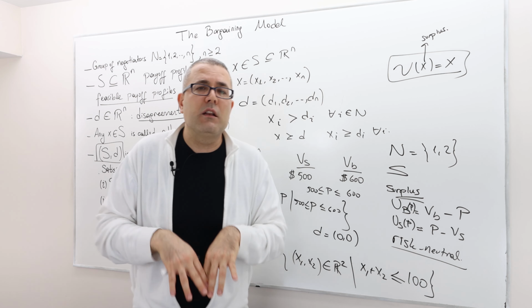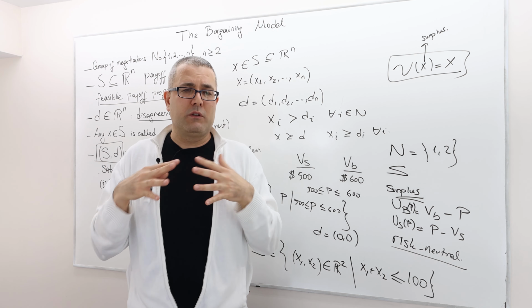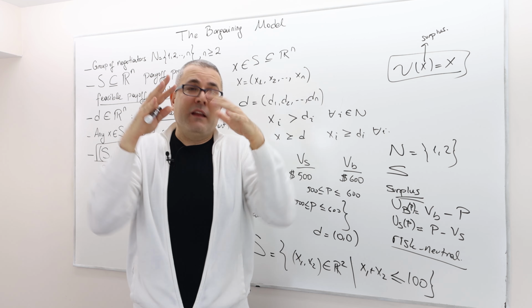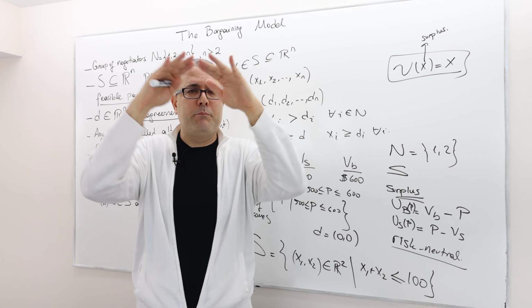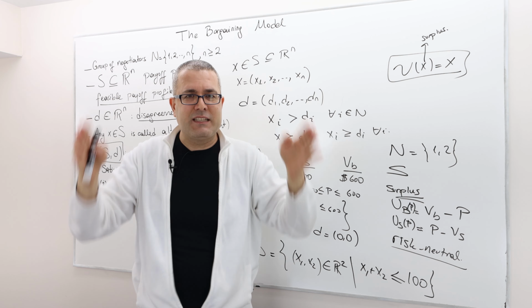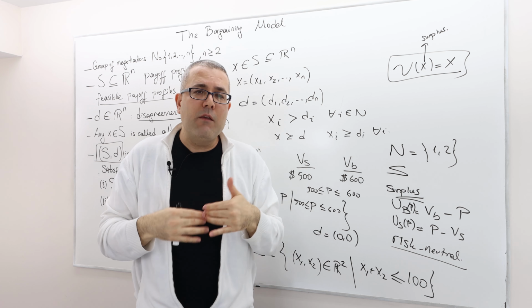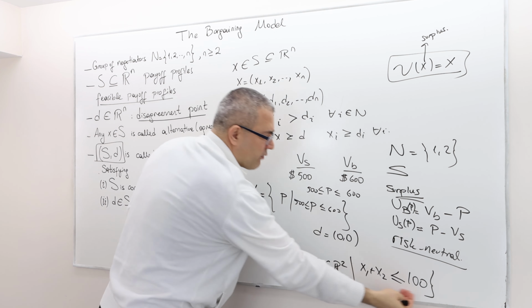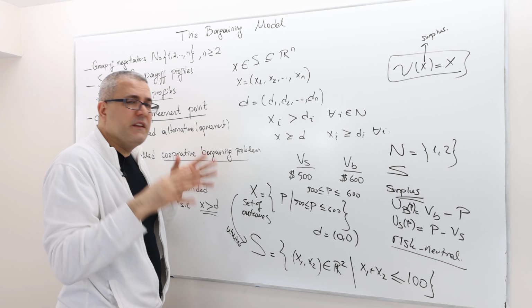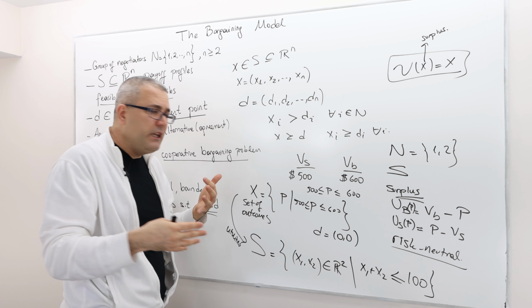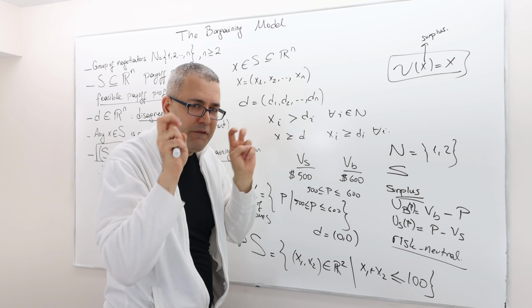Again, we do not model the bargaining game. Remember, cooperative game theory leaves everything as a black box. What I mean by writing this inequality is that this black box could actually lead to some inefficient outcomes.